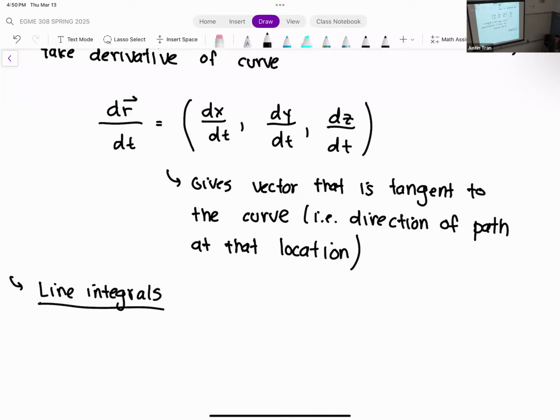All right, because now that we have these parameterized curves, our parameterized curves gives us a way to kind of travel in a particular path in multi-dimensional space according to a single variable. Okay, so a line integral, you can think of it as almost like an abstraction or a generalization of a regular integral.